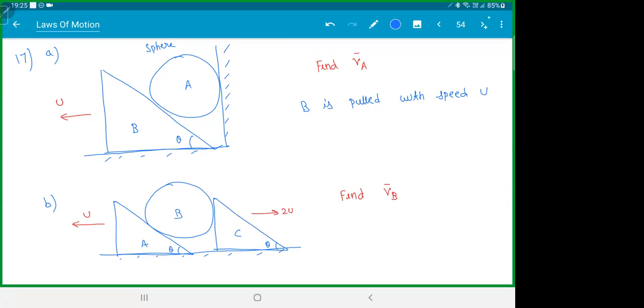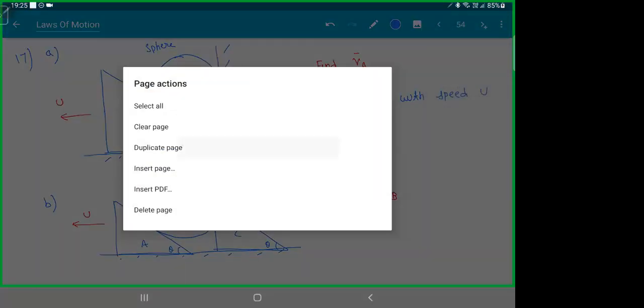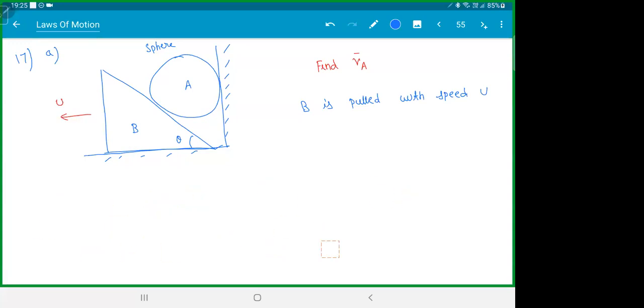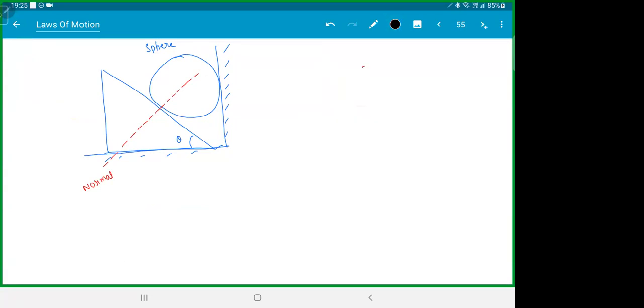The first was easy. Remember what it said: whenever you have two bodies, this is the common normal. Velocity along the normal should be the same. So this point A is going this way, and this point B is going downward.